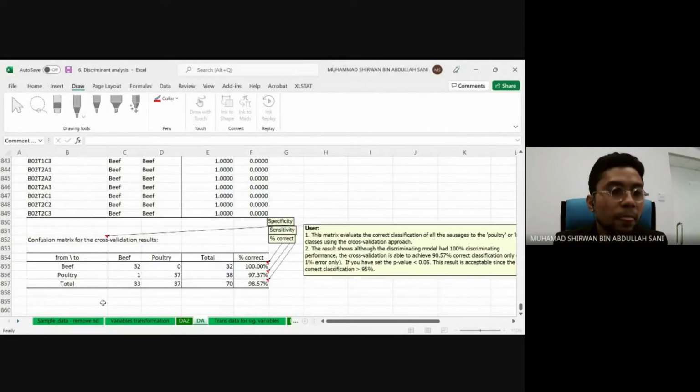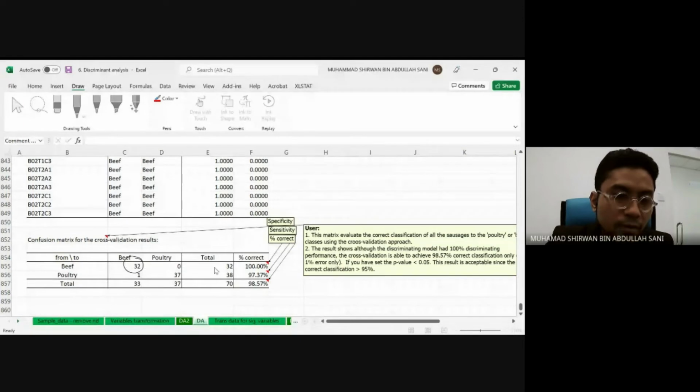So you can see from that they will make a confusion matrix based on this cross validation. Here only then we can see whether your ideal is correct. So it seems not, because we have beef that we prepared, 32. And the good thing is the model is able to correctly classify 32 sausages as beef.